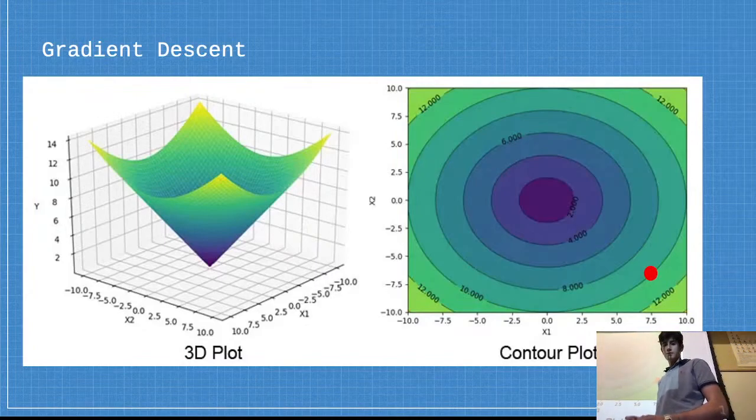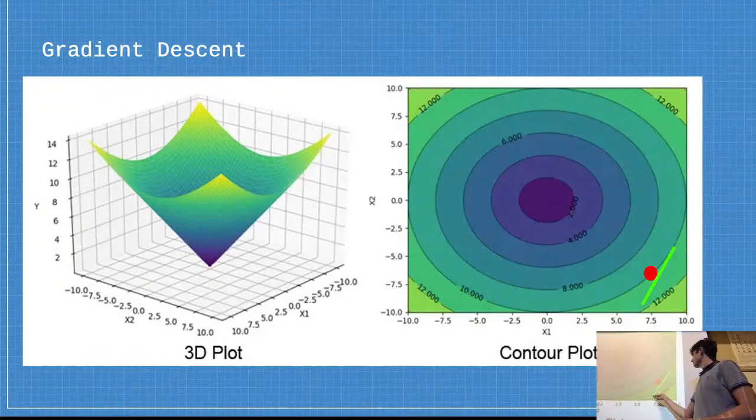So now, what we can do is take the gradient. And this is the tangent line. The tangent line will tell us where we can go to stay within the same altitude. The gradient will tell us where to go to maximize altitude.